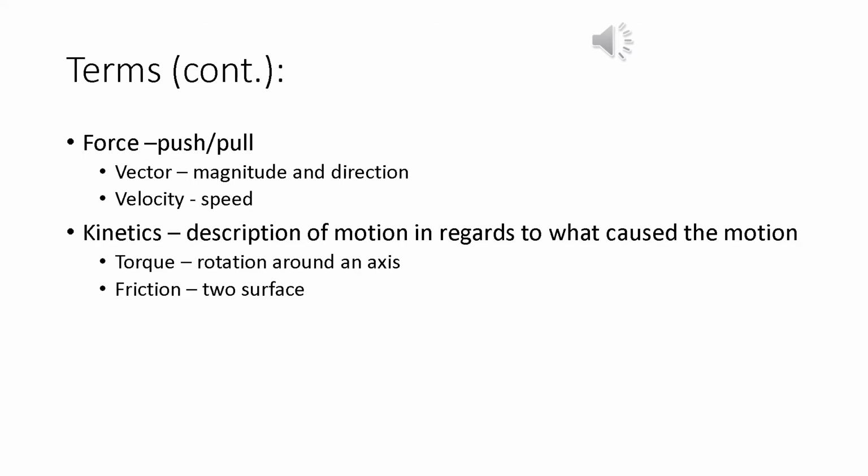We're going to spend quite a bit of time talking about the word torque. It is going to be important that you understand this definition. Torque is a force that creates rotation around an axis. So when we think about most of the joints in the body, they are going to be affected by a rotational type of force, which is referred to as torque.